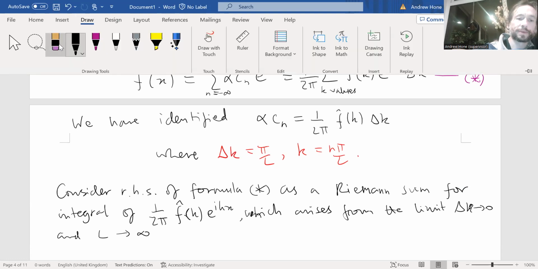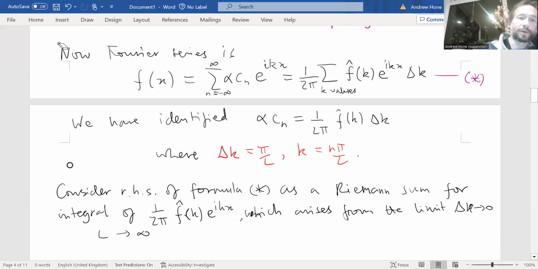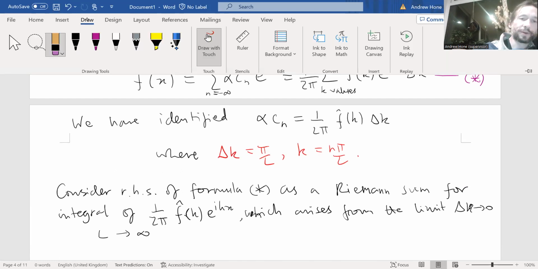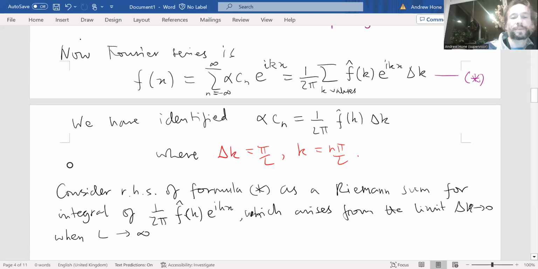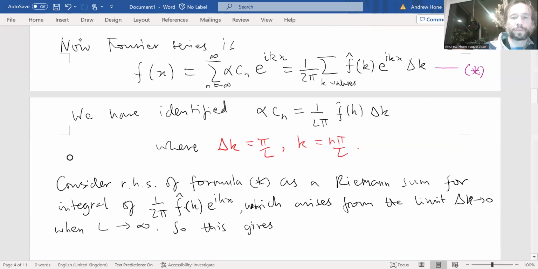Because when L goes to infinity, that sends delta k to 0. So this gives an integral formula.